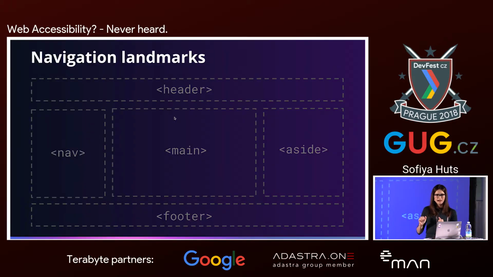And it's not only about buttons. Semantics are also useful for navigation landmarks. Navigation landmarks are very efficient to show the organization and structure of your website.